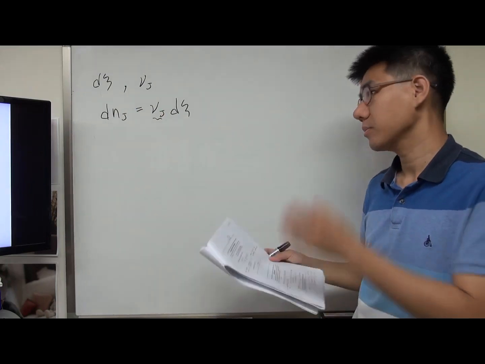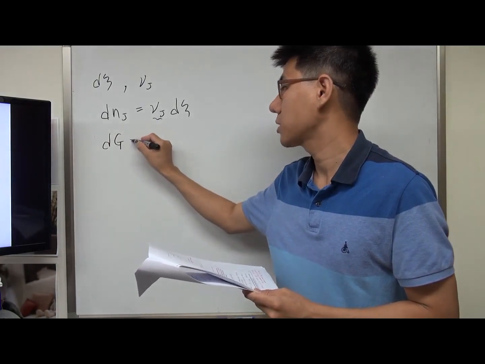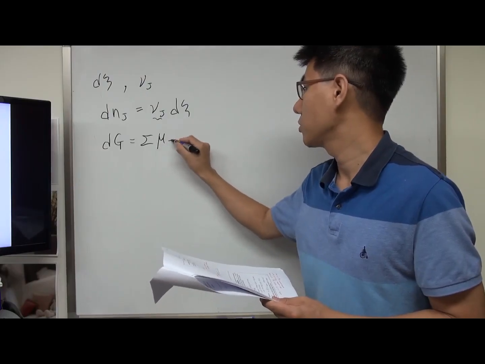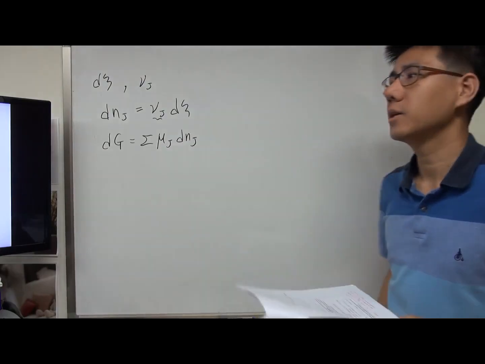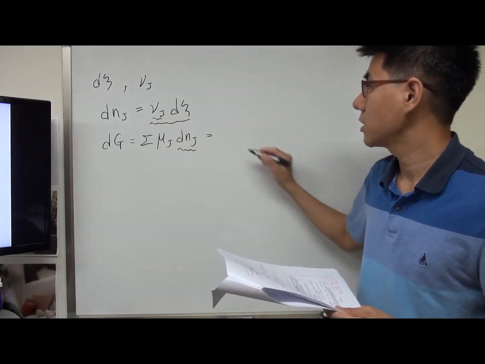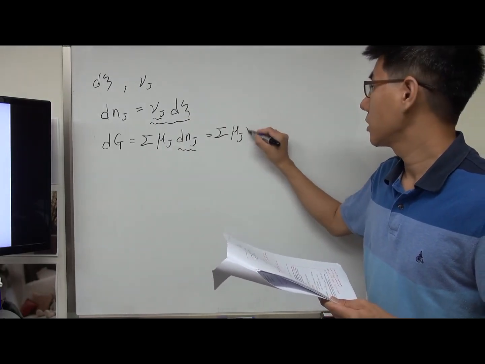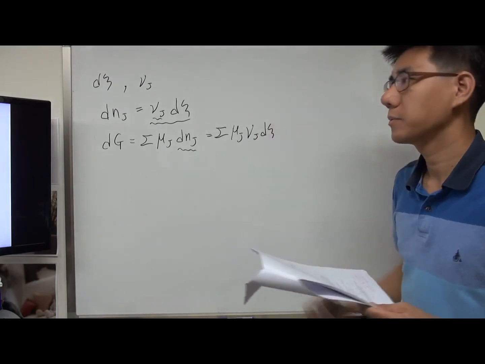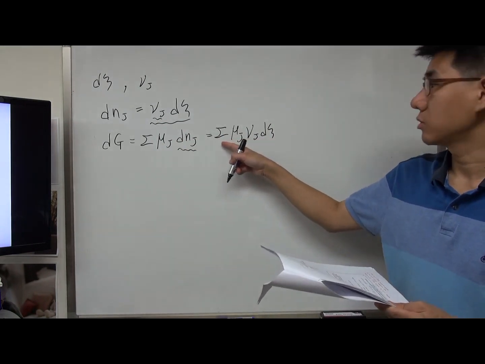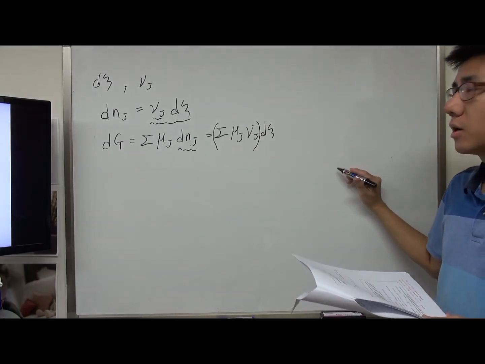Then the Gibbs energy change, by definition, is the sum of mu j dn_j, and since dn_j is the same as this, we can write sigma mu j d psi. Since d psi is not relevant to this sigma, you can put parentheses here.